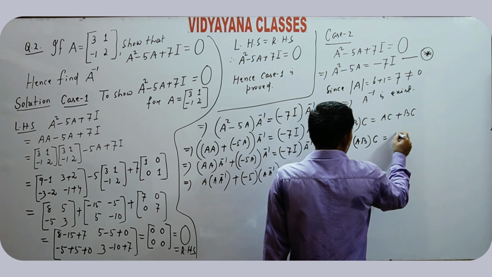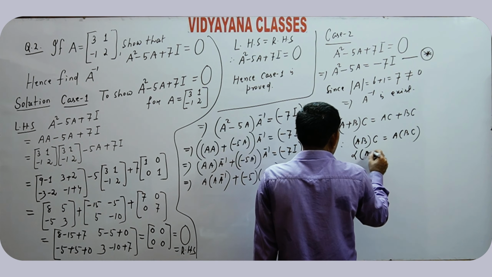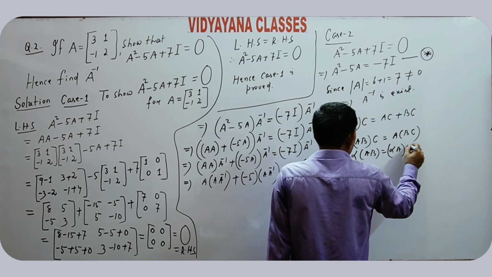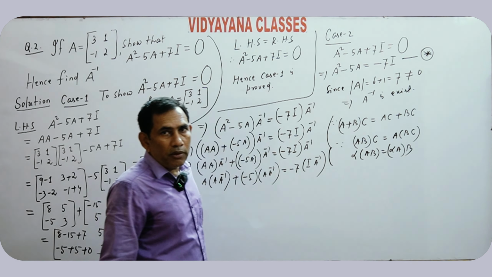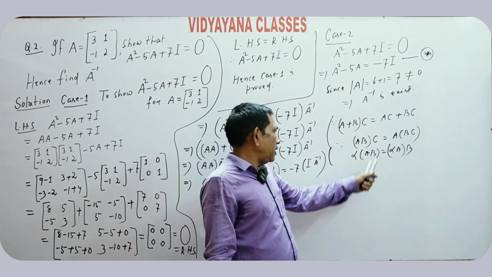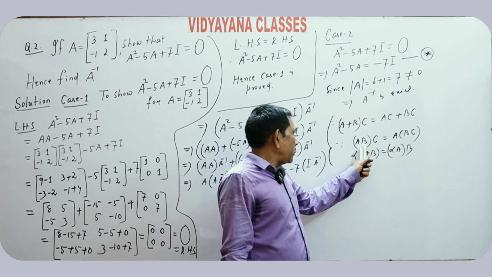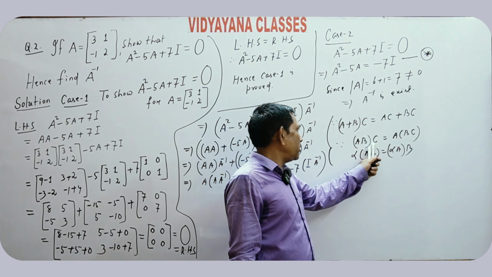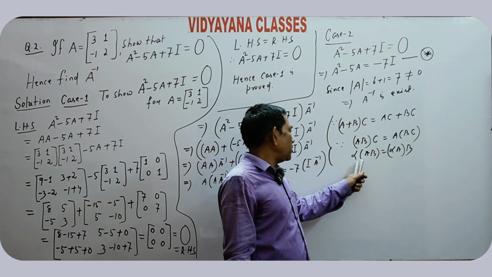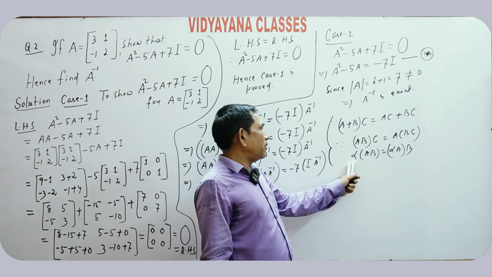Since AB into C is equal to ABC, alpha into AB is equal to alpha A into B. Matrix multiplication is distributive with respect to matrices. Also it is associative with respect to matrices, and also associative with respect to scalar. Here alpha is a scalar.